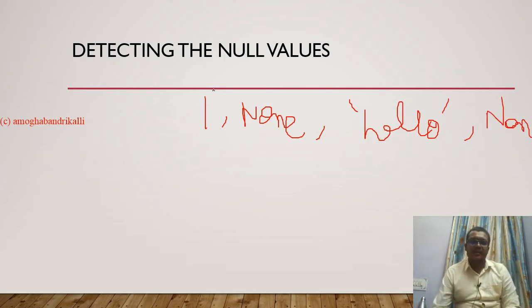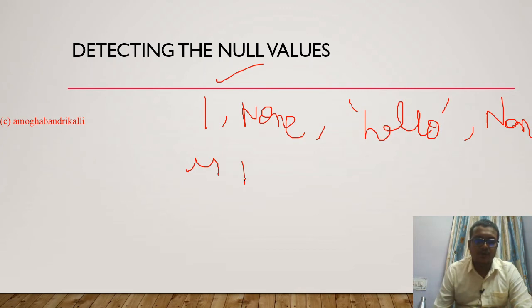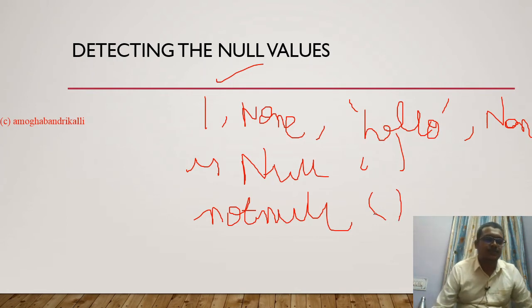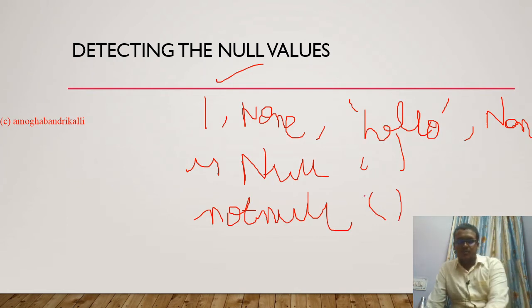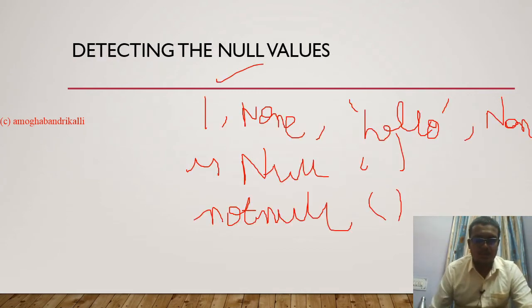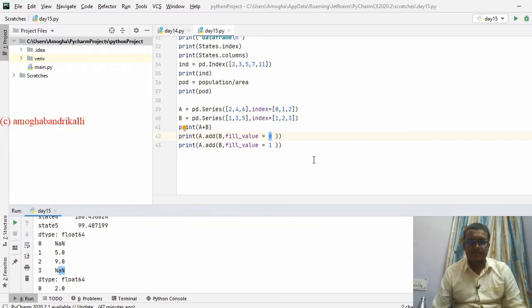We are creating a series by using pandas and seeing how isnull is going to work, and how notnull is going to work. Like this. So this is detecting null values; dropping is in the next slide.